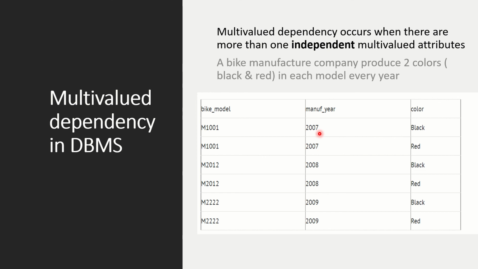So in 2007 two models of bike, a black one and a red one, are made by the company, and in 2008, in the same manner, other models of bikes are manufactured by the company in two colors, black and red.